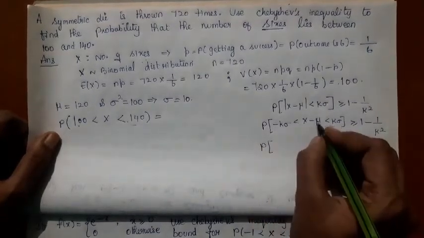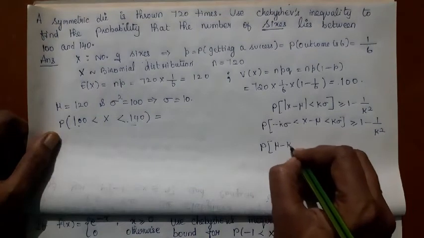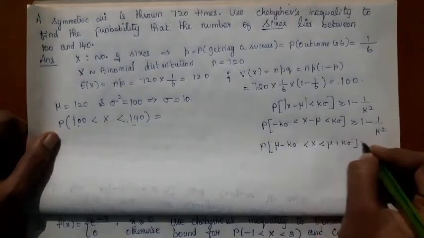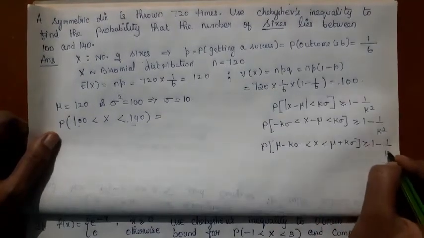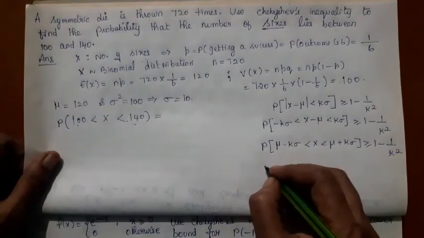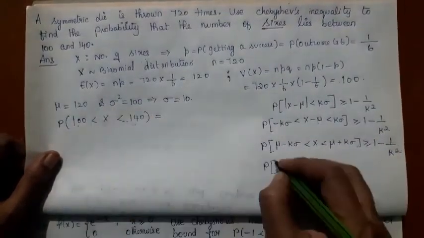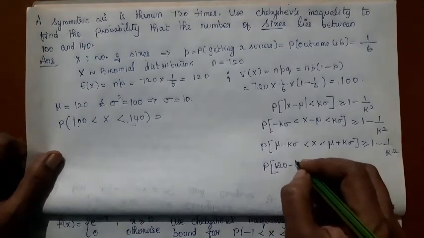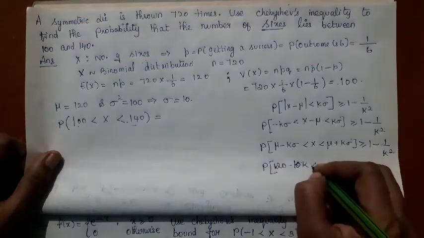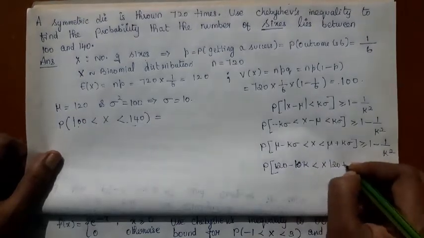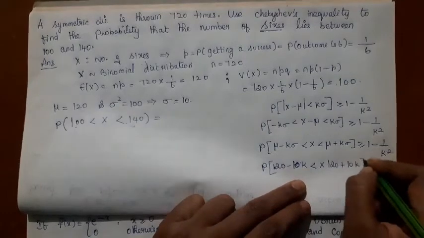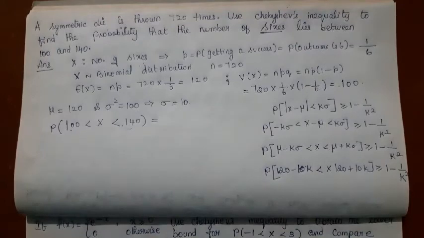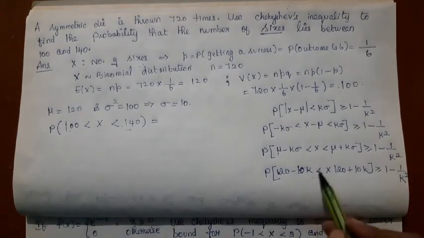That is, taking mu on either side, probability of mu minus k sigma less than x less than mu plus k sigma is greater than or equal to 1 minus 1 by k square. What is your mu now? Mu is 120. You don't know the value of k. Sigma is 10, so let us write it as 10k. Less than 120 plus 10k. You can now find the limit for the probability, but the problem is you need the value of k.